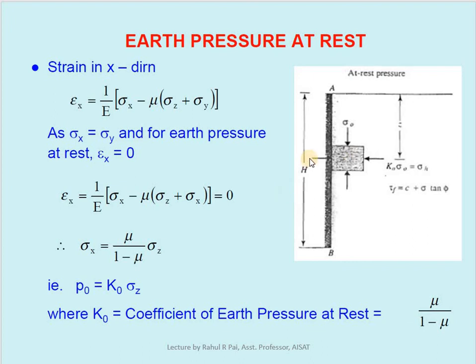So both these stresses are the same. That is the at rest condition, and based on that we have got this equation P naught equal to K naught into sigma z. Just remember this equation to find the pressure at rest condition, and K naught is mu by 1 minus mu.